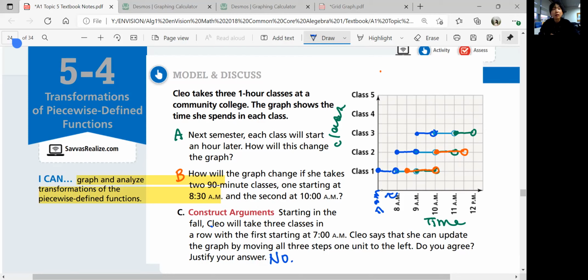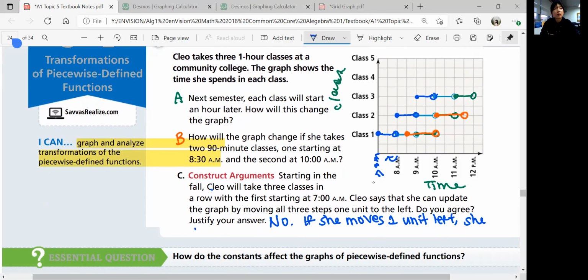Let's record that. No, if she moves 1 unit left, she starts at 7:30 a.m., not 7.